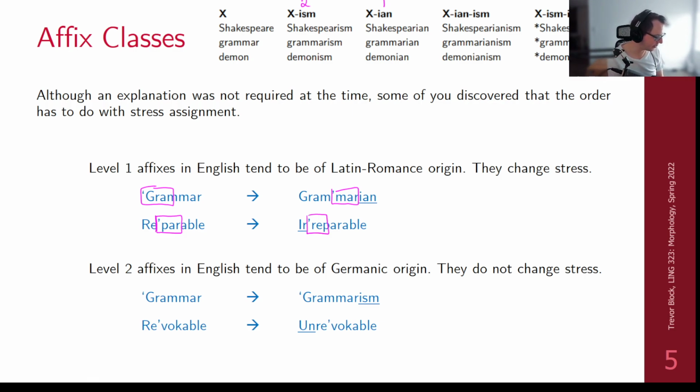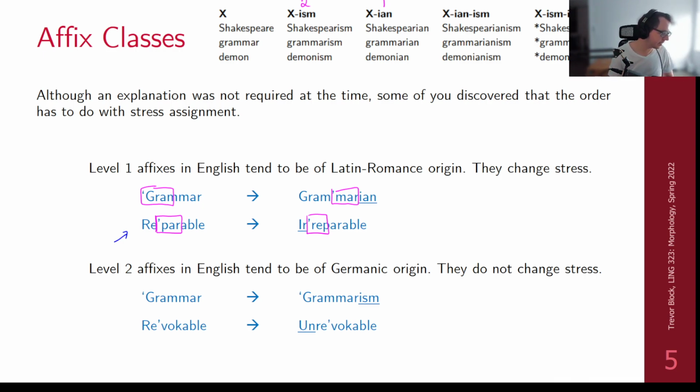We can see a stress change. Now, this is one of those cases with repairable or reparable. People will say it both ways. Reparable is a lot more British than Canadian English. But if you're someone who says reparable and you put ir in front of it, you're not going to get a stress change for you. But these affixes are determined more from the population rather than individual speakers.